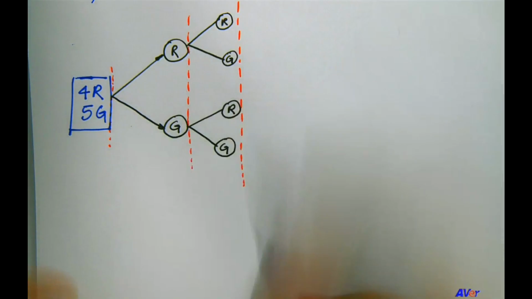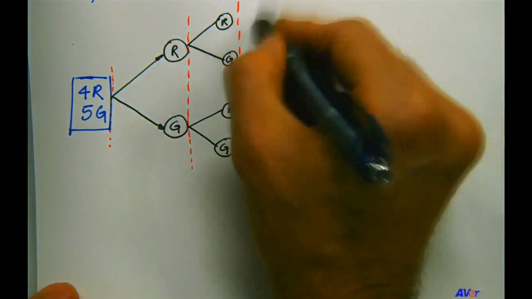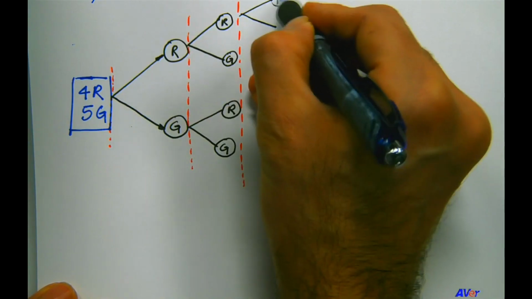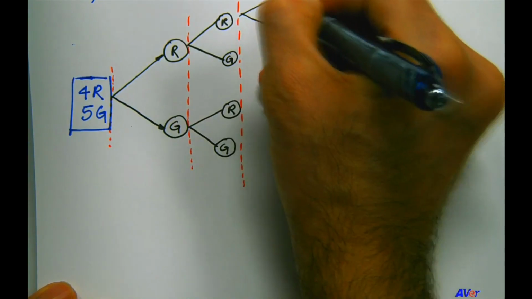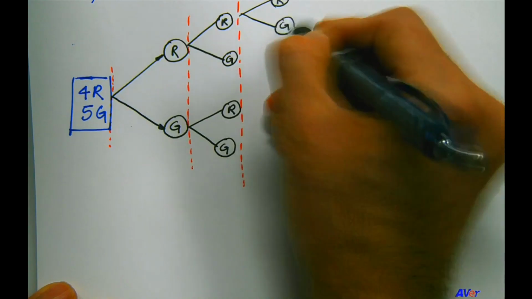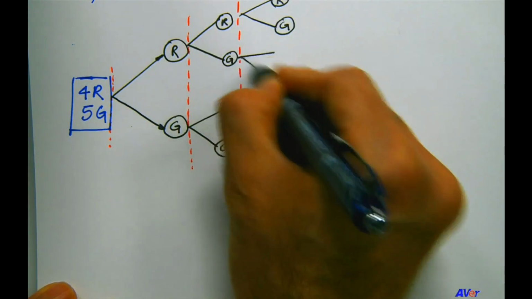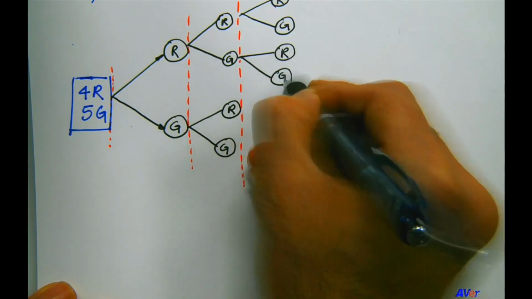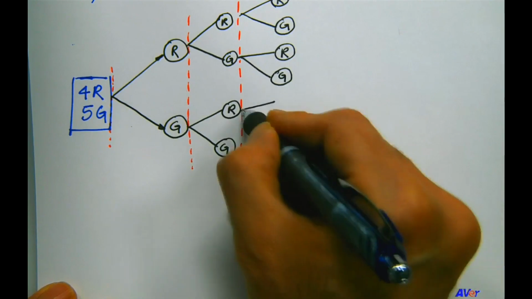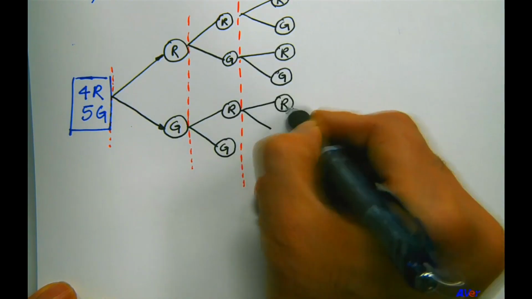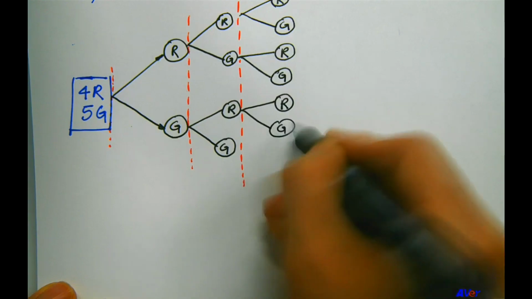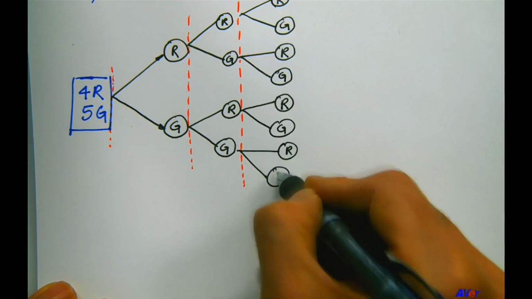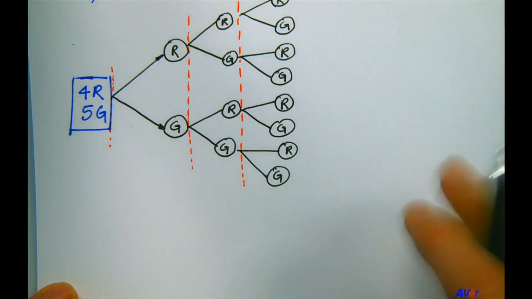Once again, if we're here, there are 2 possibilities. We can get a red or a green object out. If we're here, we can get a red or a green object out. If we're here, we can either get a red or a green one. And of course here, the same thing.